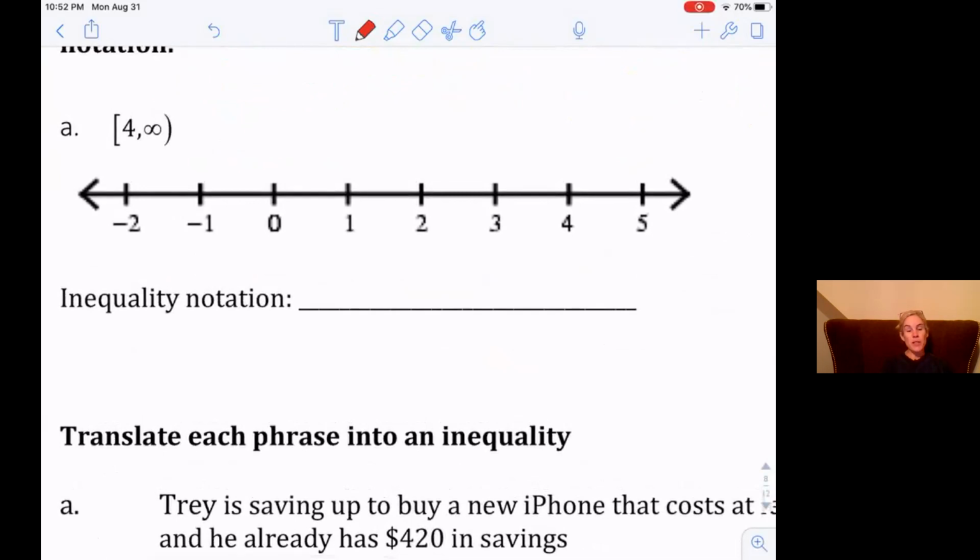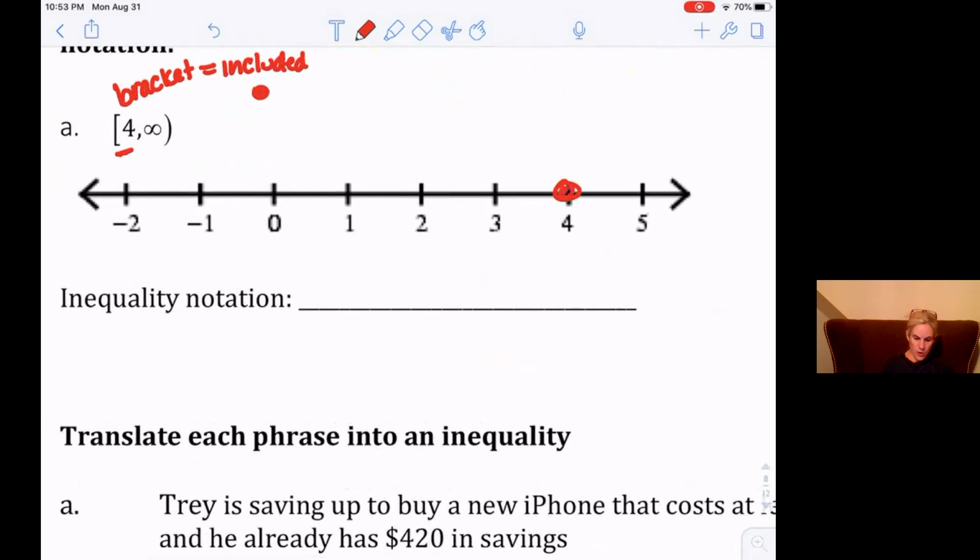So what we're going to do is we're going to graph this. So what we want to do is we want to put a circle on 4 because that's the value that we are working with. So I'm going to put a circle on 4. I know that because there's a bracket, that would mean that it's included. And to show that the value is included, you do a filled in circle.